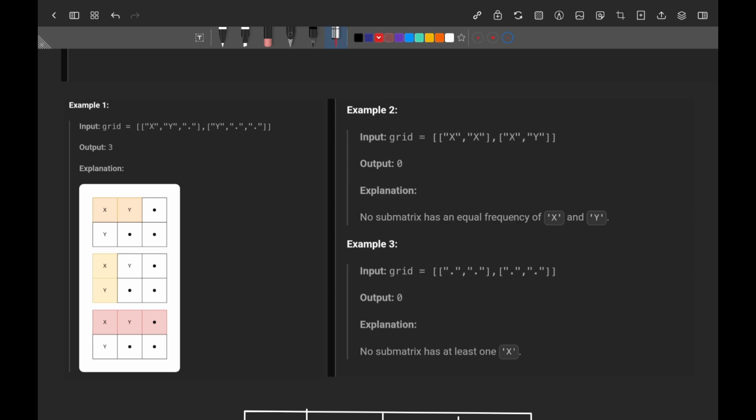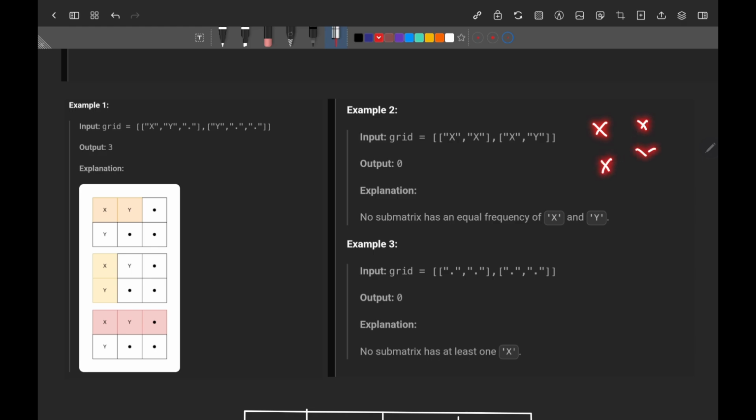Here in this case we have a total of 3 submatrices that have an equal number of x and y characters.